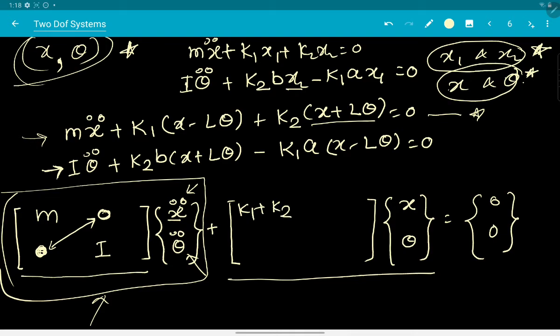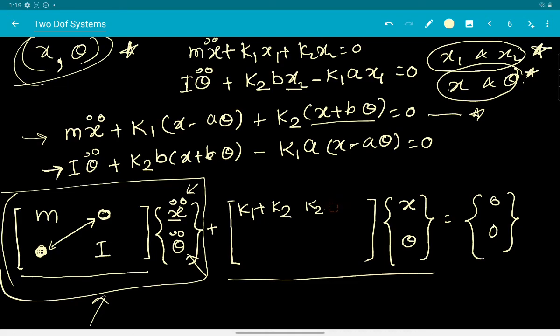We have k2 L minus k1 L. Is this right? It should be, if I'm not wrong, I should have written, this is wrong. It's A here, it's B here, it's B here, it's A here. Yes, now it's perfect.